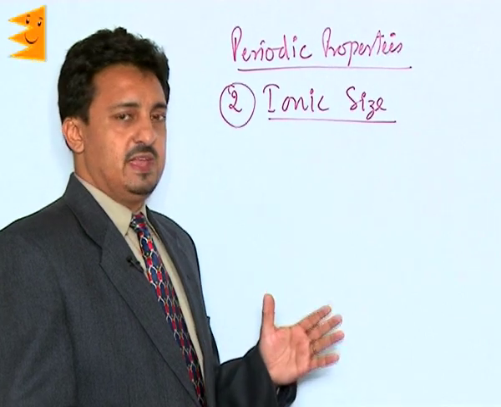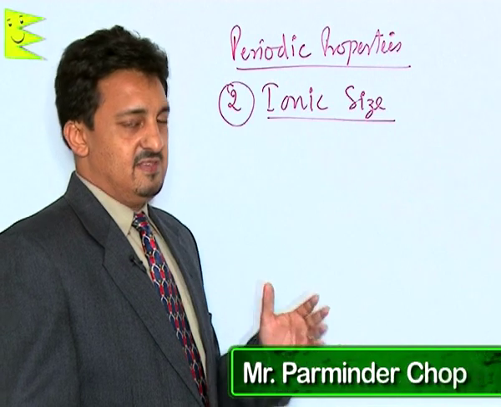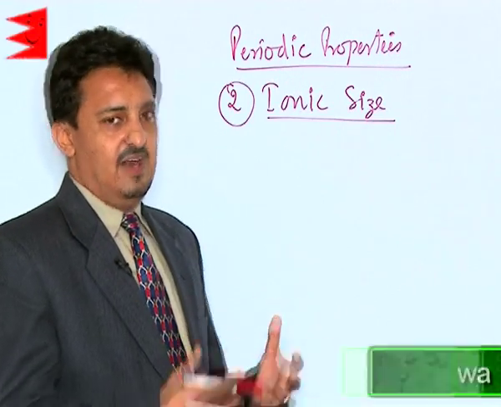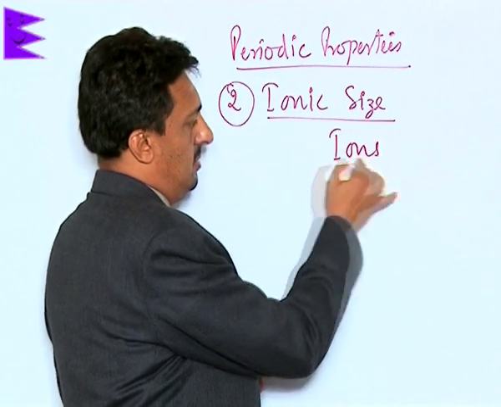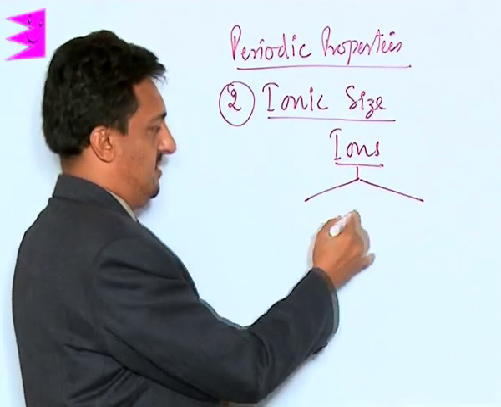The second property, the periodic property to be discussed here, is the ionic size. Ionic size means the size of the ions. We know we can have two types of ions.